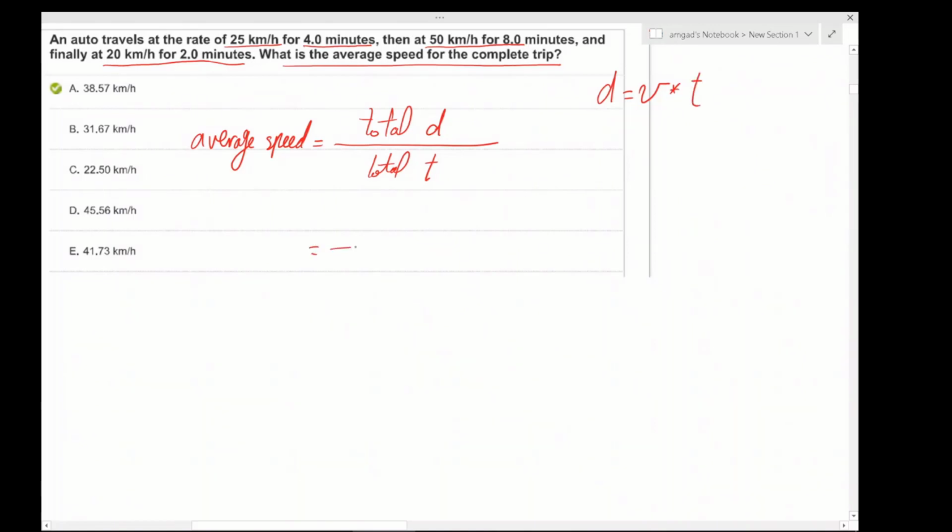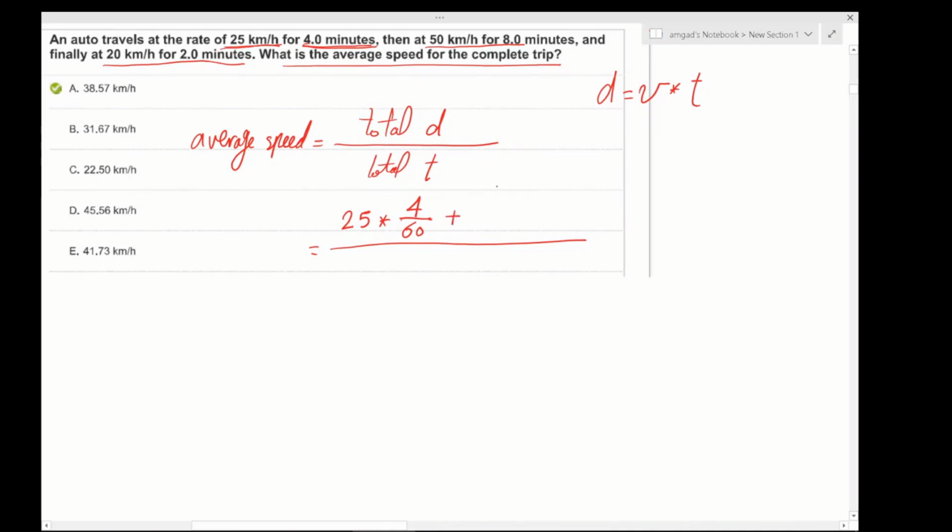So I have here 3 periods. He travels at 25 kilometers per hour for 4 minutes. So I will multiply 25, which is the speed, times the time, 4 minutes. But I have to change it into what? Over 60 hours. Over 60 to change it into hours.